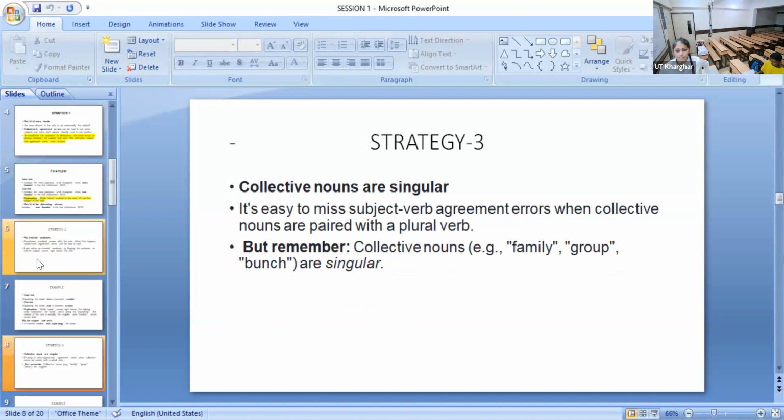Okay, I just want you to write this: collective nouns are singular. Family, group, bunch. Just put down the example. They're all singular.